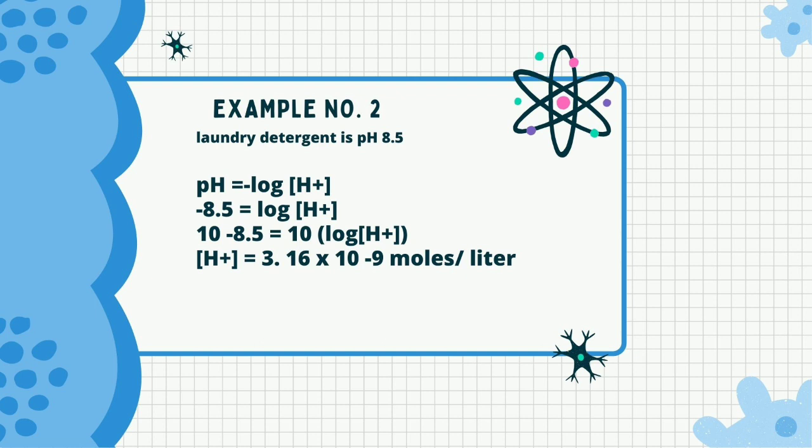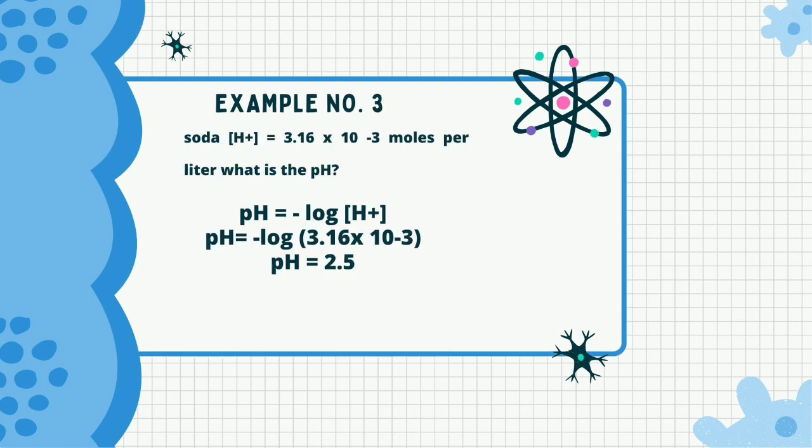So, the power of negative 8.5 is equals to 10 times log the concentrations of H plus ion. So the result is concentrations of H plus ions is equals to 3.16 times 10 to the power of negative 9 moles per liter.